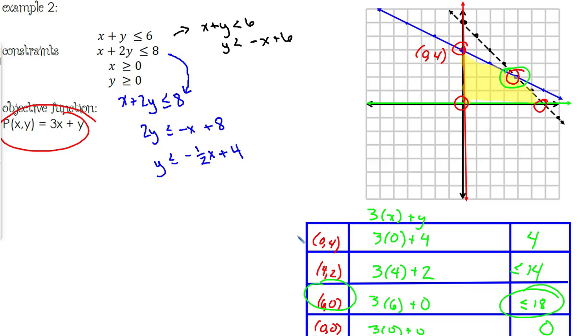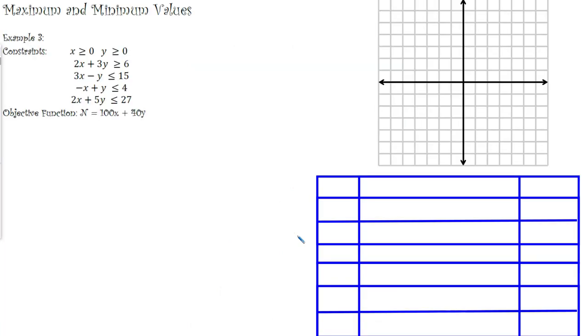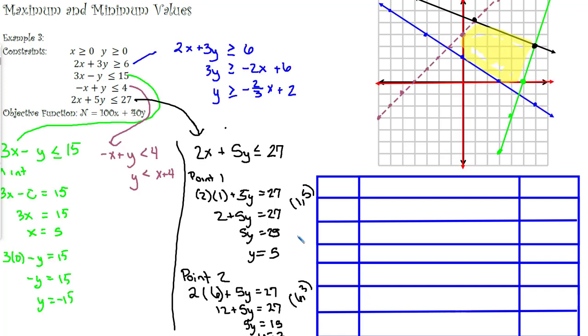I want you to try to do this one, setting it up and identifying your shapes on your own. So I'm going to give you a second to get that plugged in. You should have come up with your feasible region looking like this. And let's go ahead and identify our ordered pairs. So this one doesn't matter.